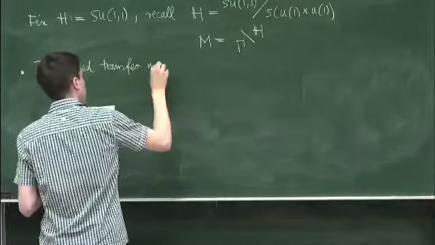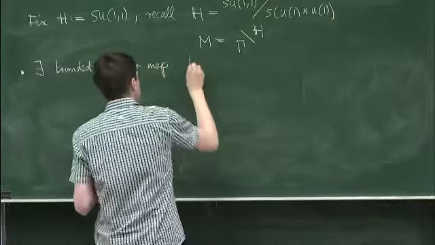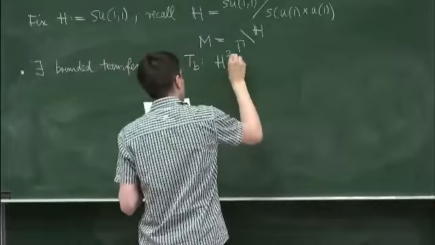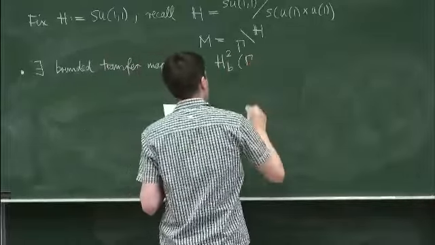transfer map, which goes from the bounded cohomology in degree 2 of the lattice gamma.